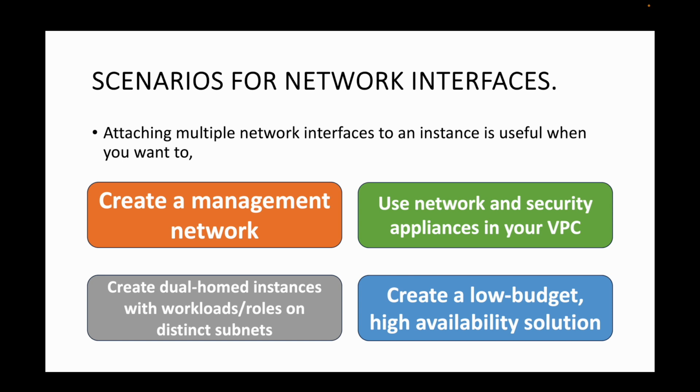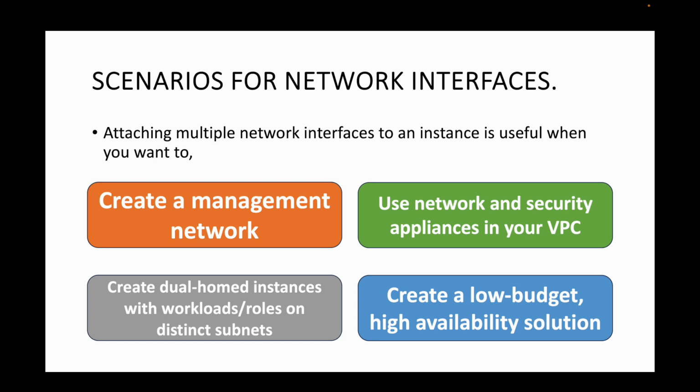So these are some of the scenarios when we will be using the secondary network interfaces. But if you don't have any of these use cases, then by default we have the primary network interface that gets created, so we just use that and manage the network traffic on the EC2 instances.